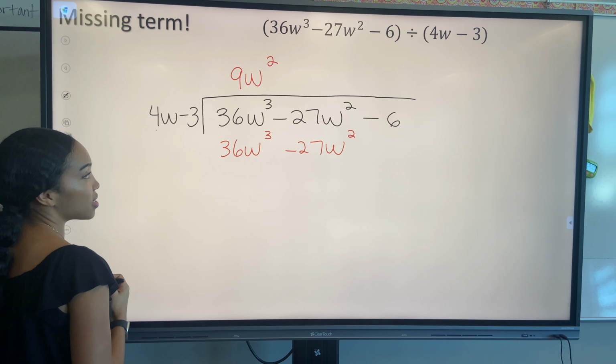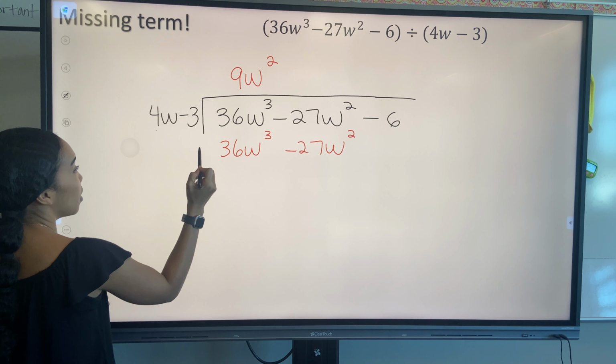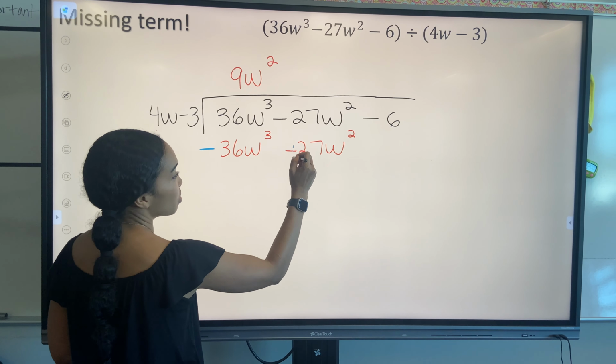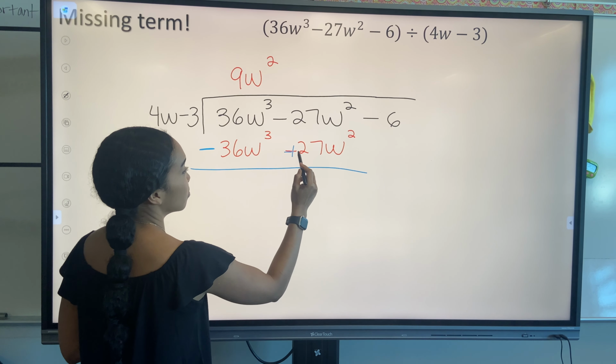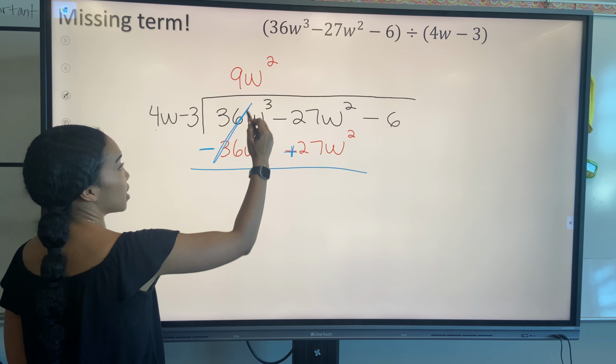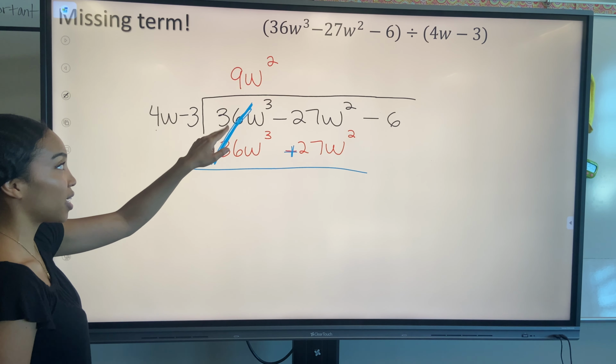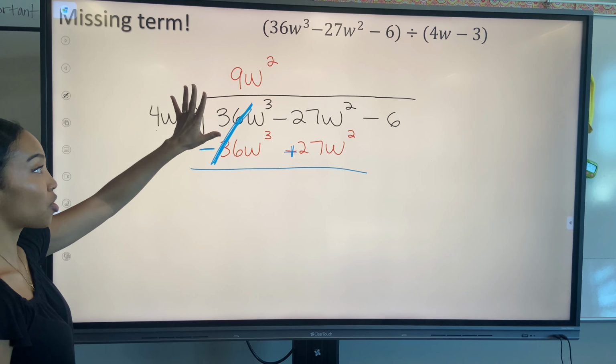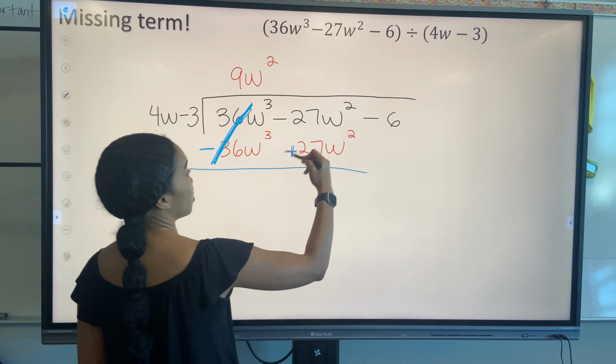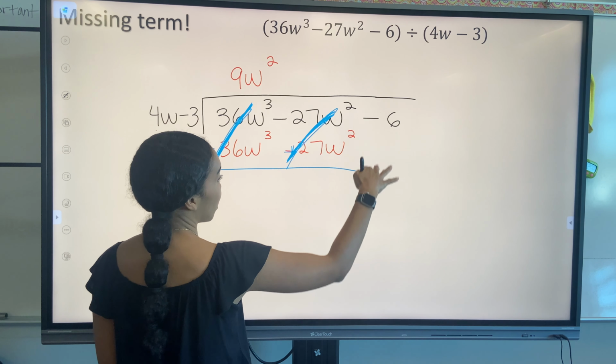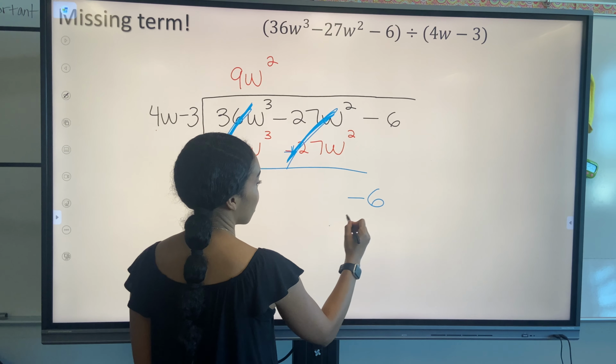From here, you change the sign. So I'm going to put a minus and make this a plus. Those cancel out. If these don't cancel, that means you did something wrong and you should start over. These canceled out too. So bring down the rest. You're just left with the -6. This is your remainder.